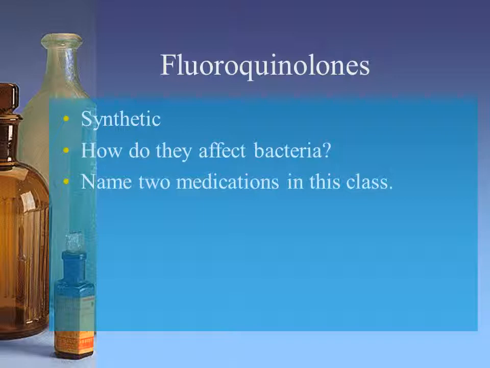What these guys do is they inhibit a bacterial enzyme, specifically deoxyribonucleic acid gyrase. You don't need to remember that, but it's helpful to know that the enzyme is essential for synthesizing DNA. So by interfering with the synthesis of DNA, the fluoroquinolones then keep the bacteria from replicating and reproducing.